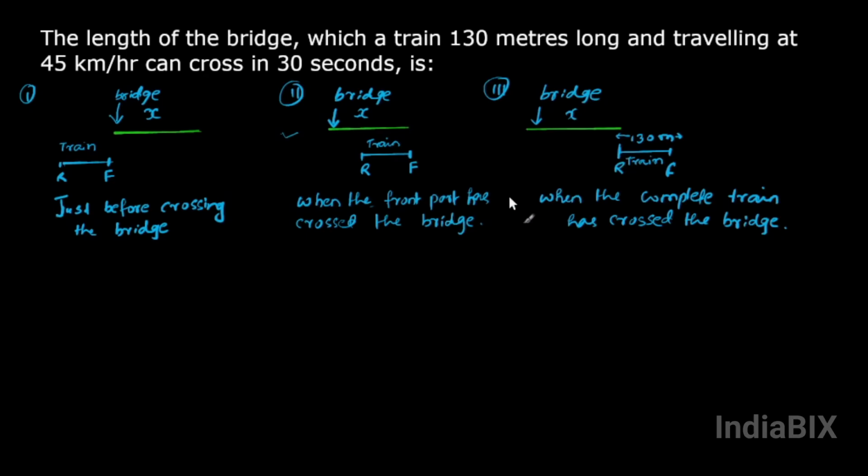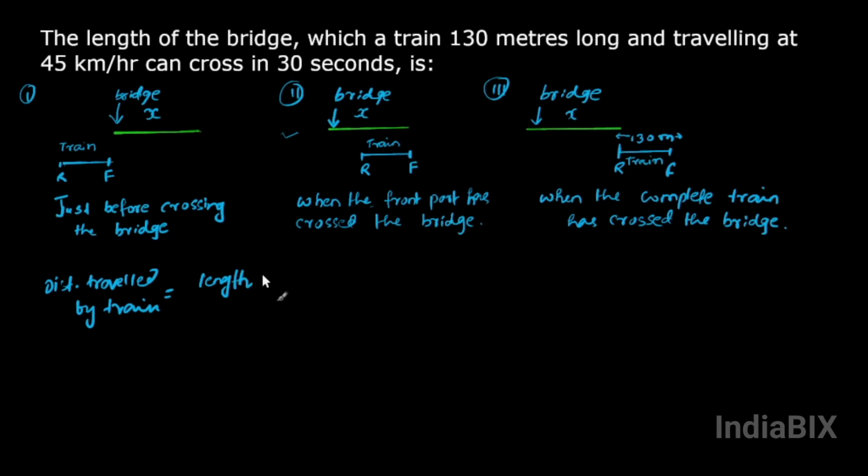So what is the total distance that the train has traveled? It has traveled the length of the bridge. The distance traveled by the train will be equal to length of the bridge plus length of the train. Only when the train crosses this 130 meter, it will be completely out of the bridge.